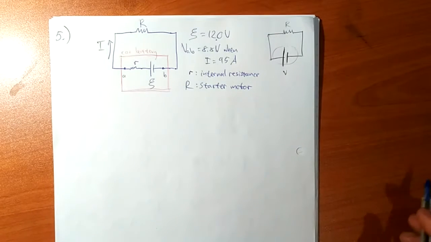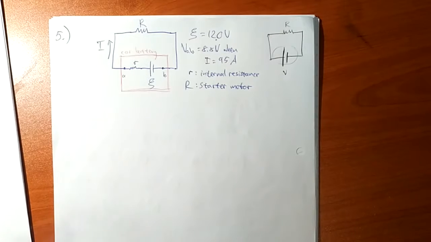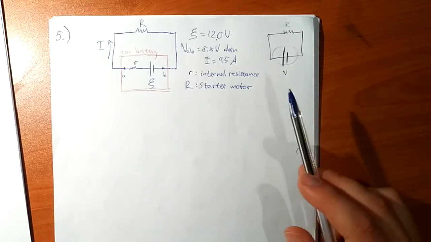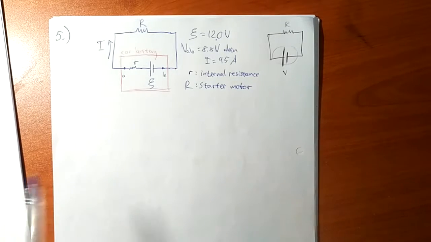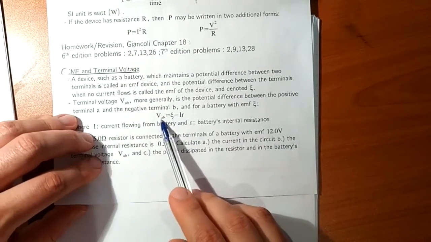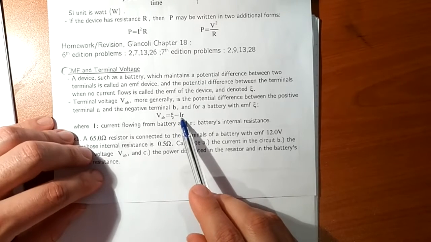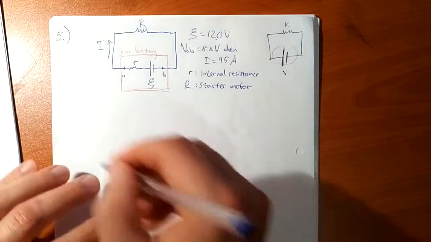Good. Now what do we want? We want the internal resistance first. So what do you use? This formula we did in class, which relates the voltage over the terminals with the EMF of the battery in terms of the current and the internal resistance. It's just a direct application of that formula.